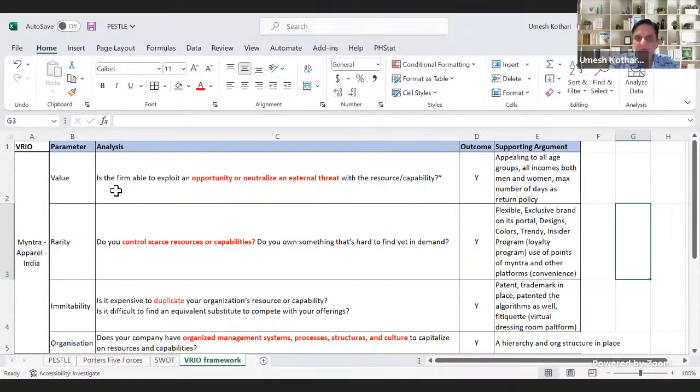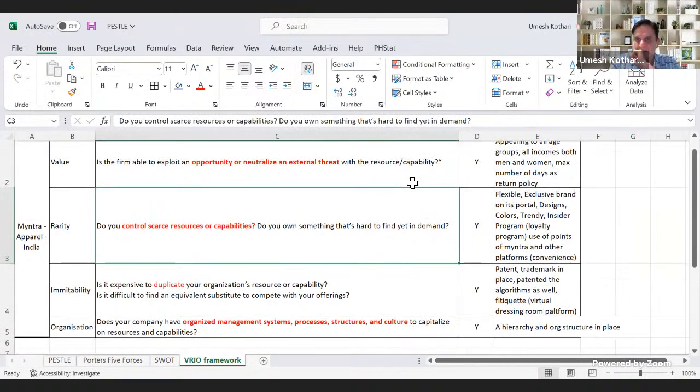So the VRIO framework is very suited if you want to steer internal policies and procedures within the organization. Also understand what your strengths are, what your capabilities are, what your wow factors are, which you must capitalize on in the market. Any questions?